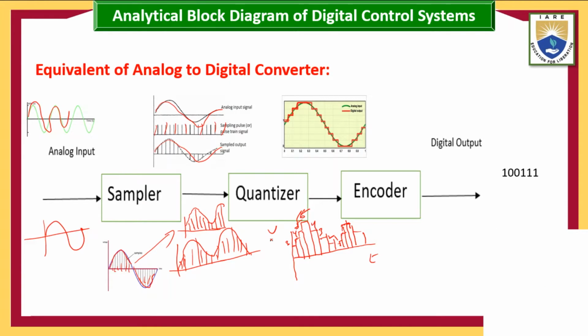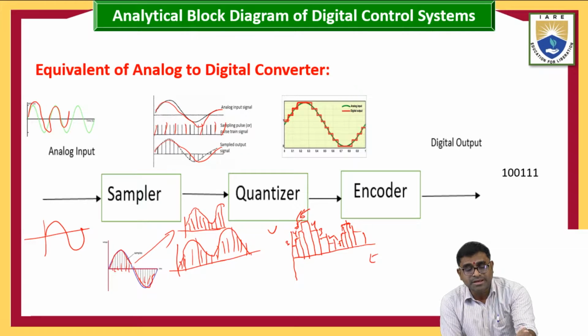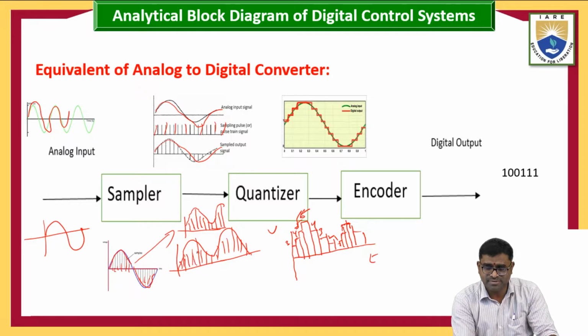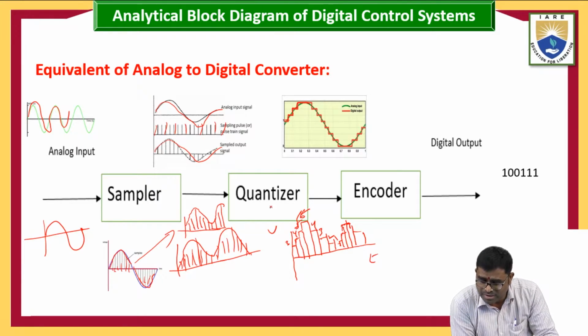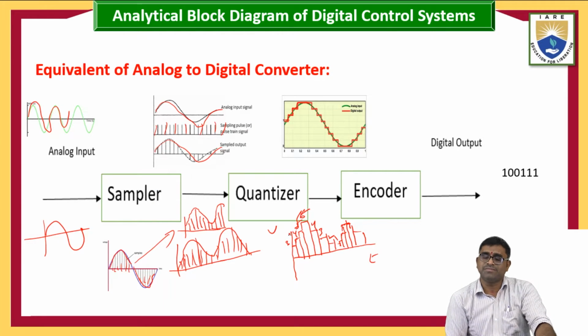We take the input analog signal, the sine wave, and convert it into samples, that is lines. After that, those lines are converted into fixed voltage levels, 3, 4, 5, 6, like this, by the quantizer.